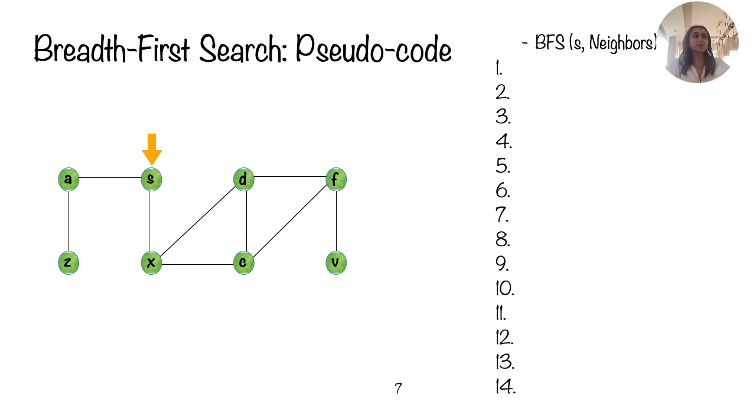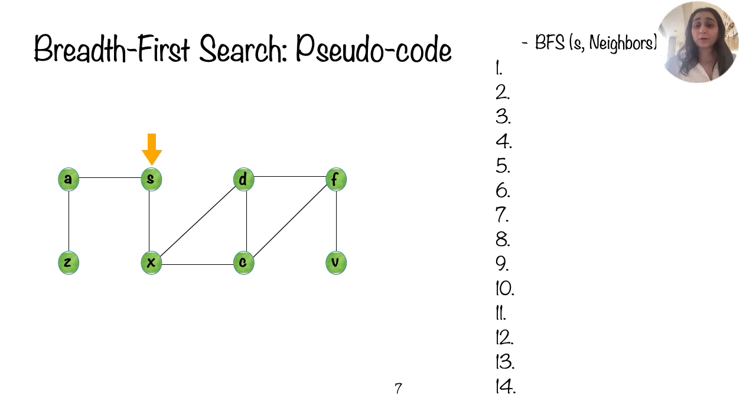I assume this is just an array of pointers, and when you call it, let's say neighbors of U, it's just going to return a list that contains all the neighbors of the vertex U. Okay, now you can implement it in different ways. So that's what the input is.